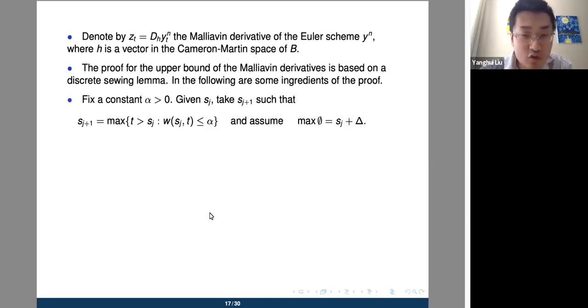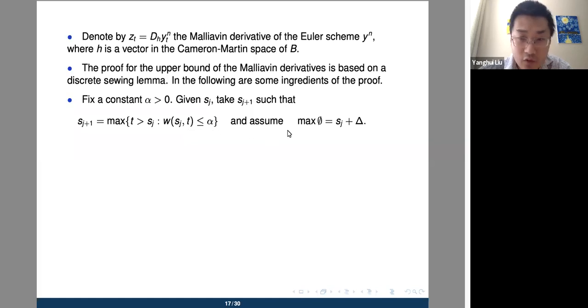We first need to introduce a sequence over the time interval 0 to T. So let me fix a constant alpha. And for a given s_j, s_{j+1} is defined as the largest t greater than s_j such that W(s_j, t) is less than or equal to alpha.